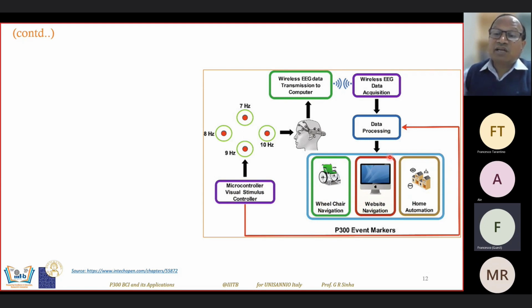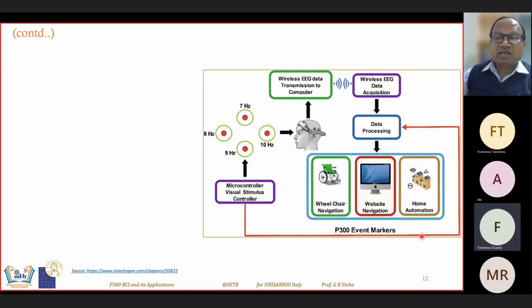Website navigation, where the person having a disability can surf the website, use the internet, and have some entertainment or whatever programs the subject is interested in. And home automation, complete automation of the home, can also be designed with the help of P300 markers.